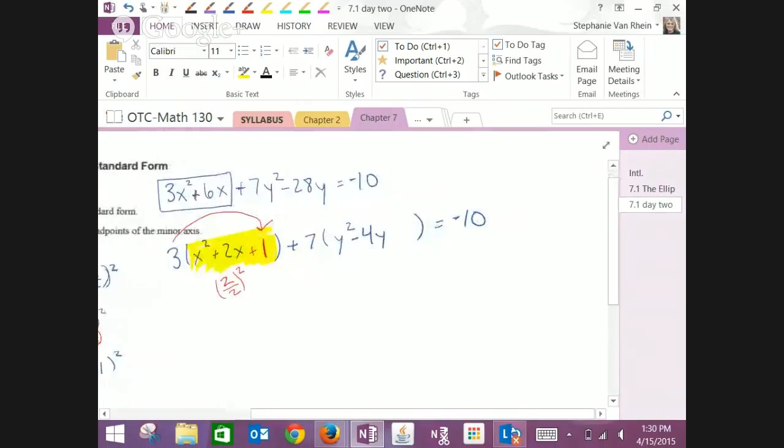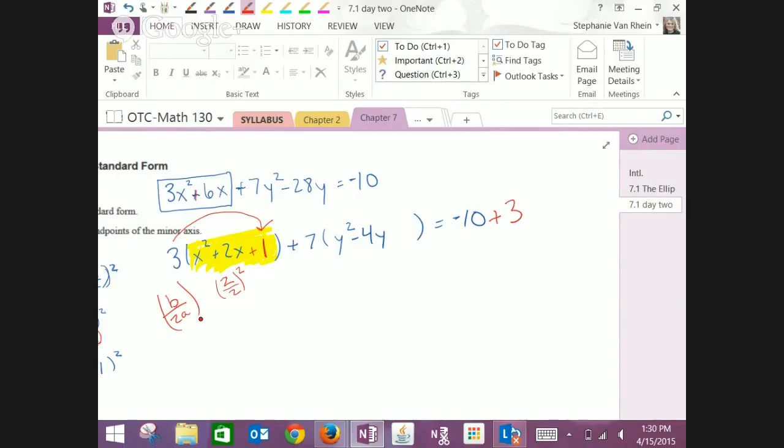Did you have to take the 3 out? I did have to take the 3 out the way I'm teaching completing the square. If you left a 3 in there, it'd actually be over 2a. But if a is always 1, we can do it this way.